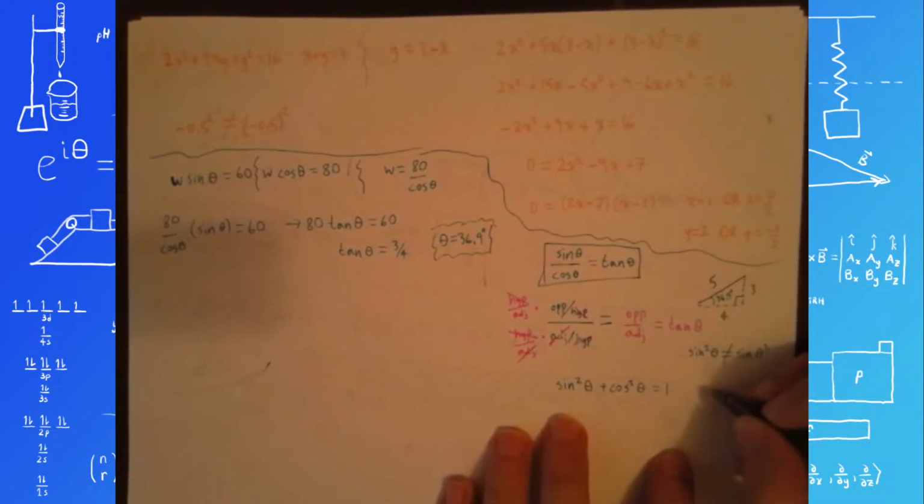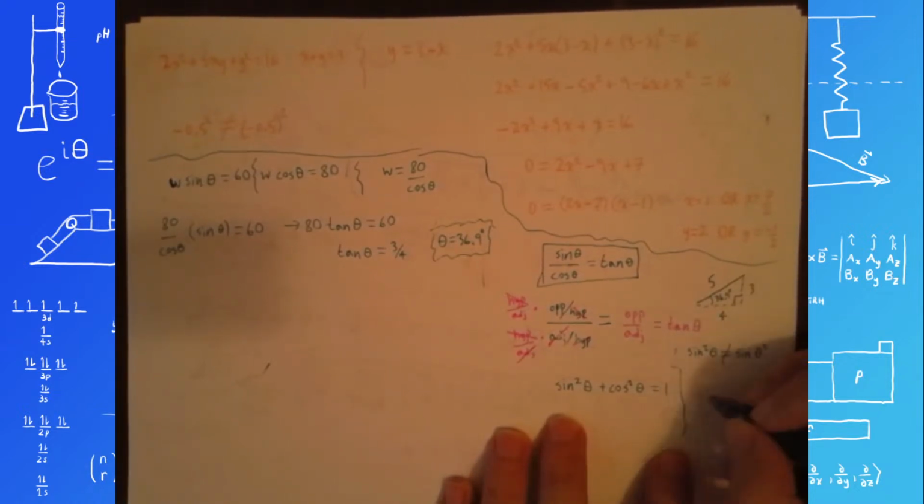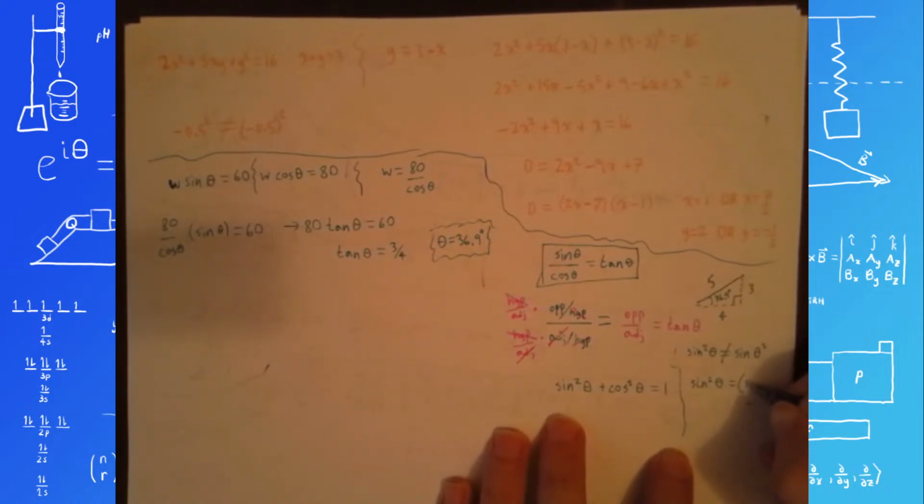So sine squared theta really means sine squared of theta: you take sine of theta, and then whatever that is, you square it after the fact.